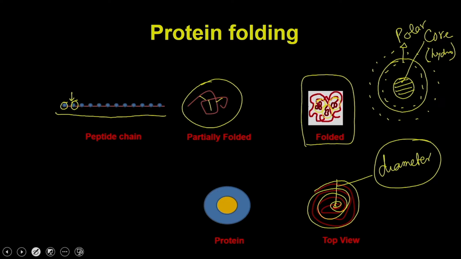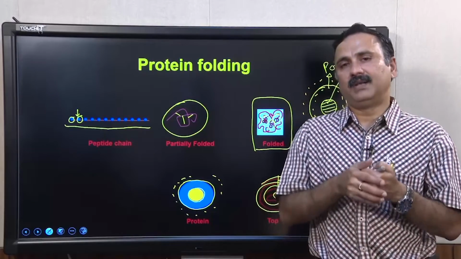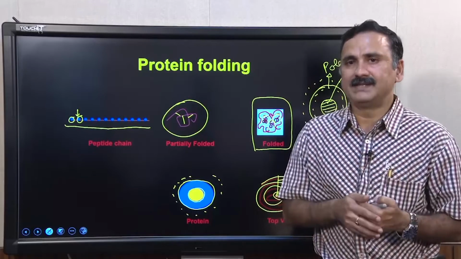So we have the hydrophobic core and the hydrophilic periphery, with water outside.